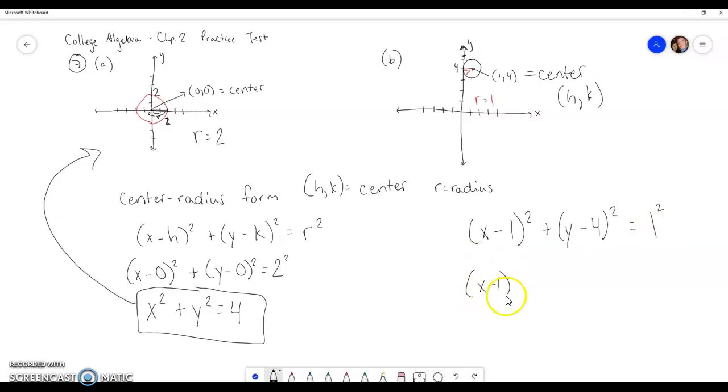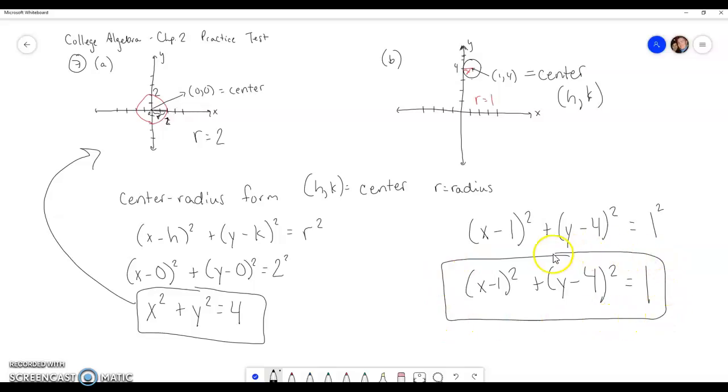Since it wants it in center radius form, this is how it's going to stay. The only thing we need to remember is to also square that radius. So this is your center radius form for this circle.